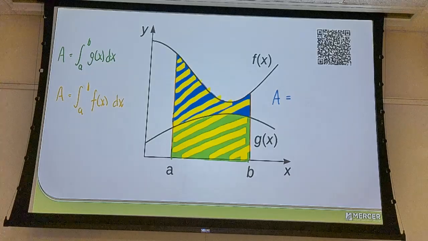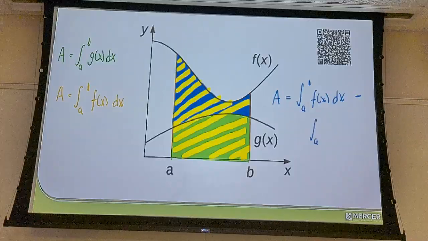It's going to be the same kind of thing here. So it'll be the area of that larger region minus the area of that smaller region, right?